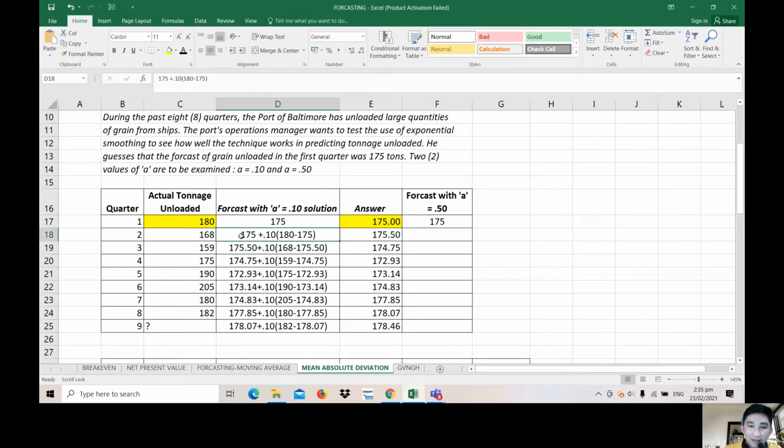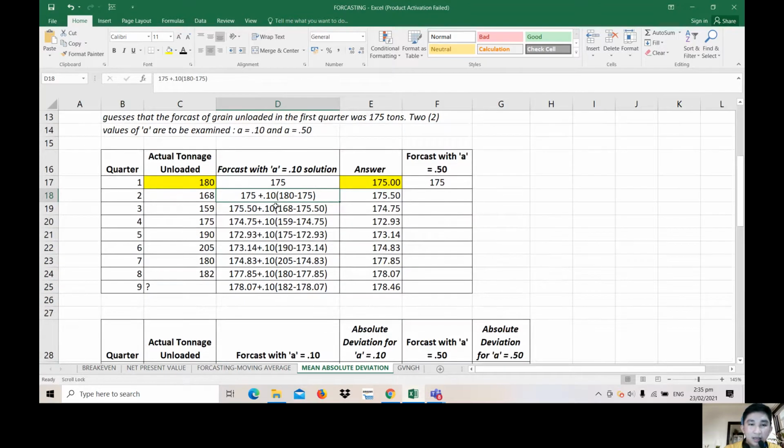So 175 plus 0.10, and this 0.10 will be multiplied by the answer of 180 less 175. The answer here is 175.50. Therefore, on the next quarter, 175.50 will be used.